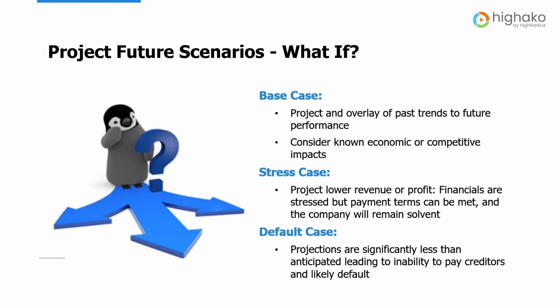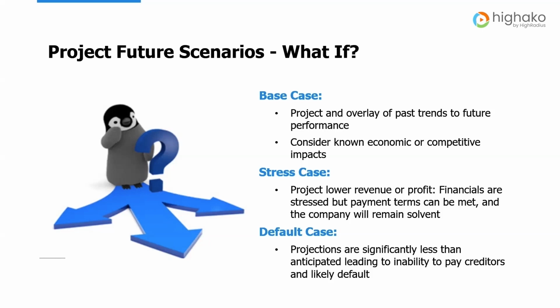Now, if revenues were to drop significantly, for example, or expenses were to go up significantly due to supply chain issues or whatever, and you project a lower revenue or profit, but it doesn't kill the company, it just stresses it, they can still meet their obligations, that's a stress case.